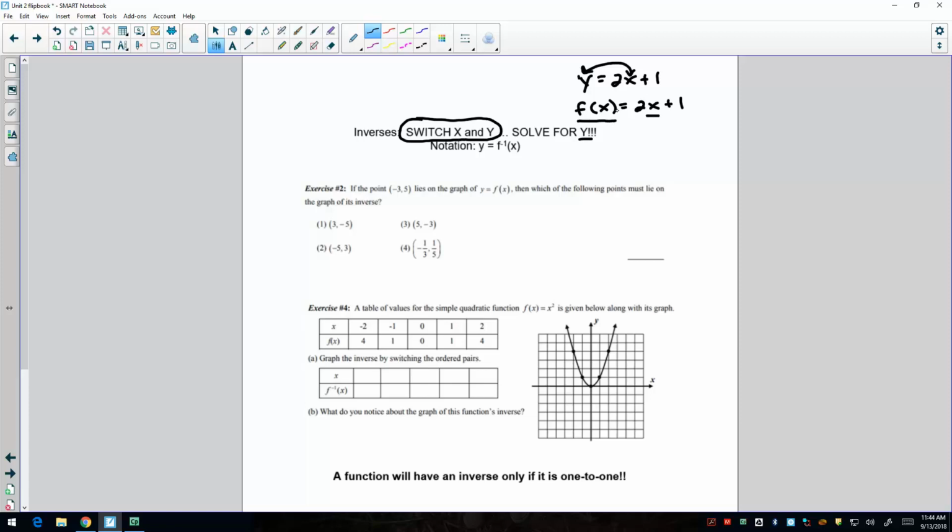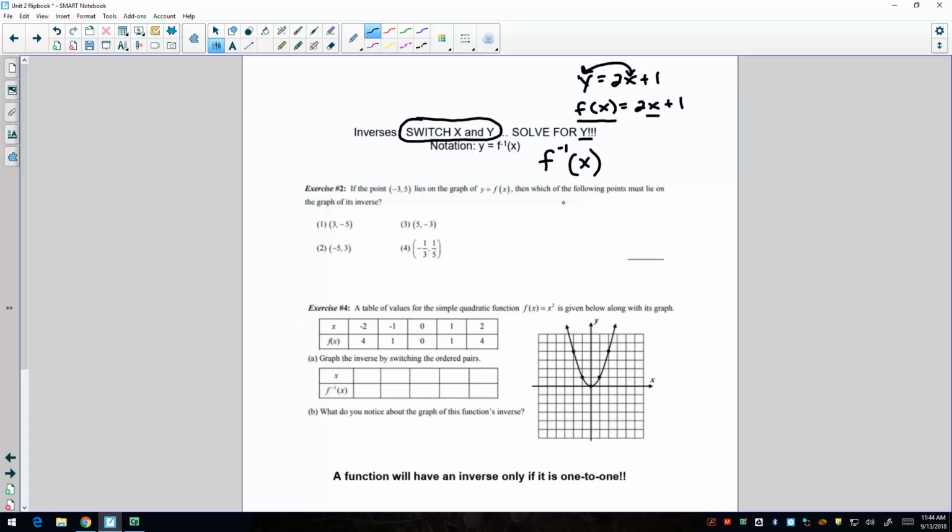But when you do that, the notation f of x now turns into f to the negative 1 of x. So this is an exponent. That is the notation for inverse. If you see the little negative 1 in the exponent spot next to f, that means it's the inverse, okay?